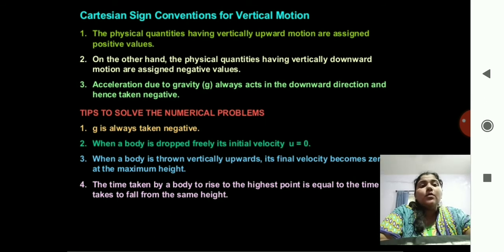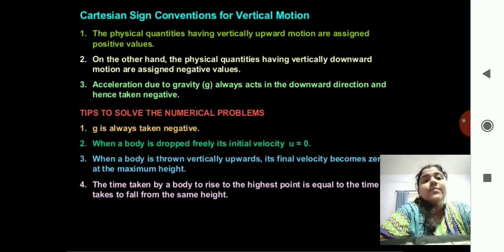On the other hand, physical quantities having vertically downward motion take negative values. The acceleration due to gravity always acts in a downward direction and hence is taken negative.